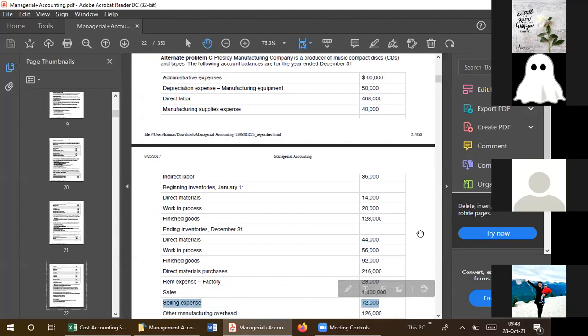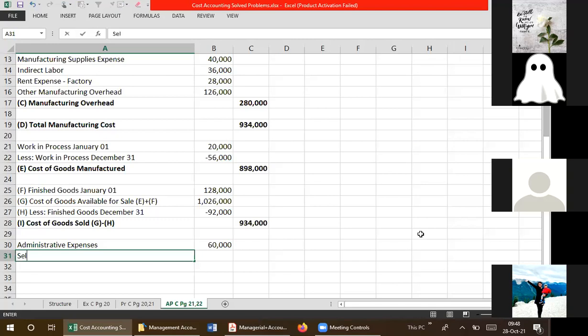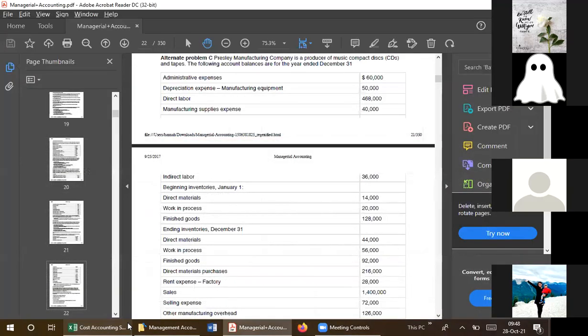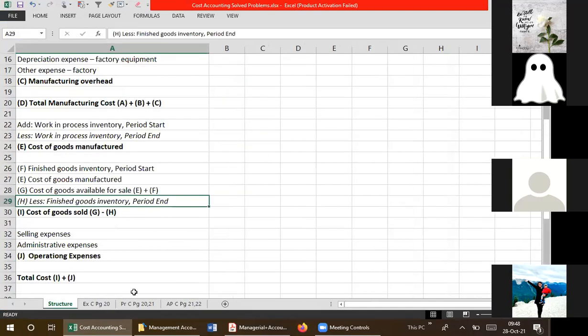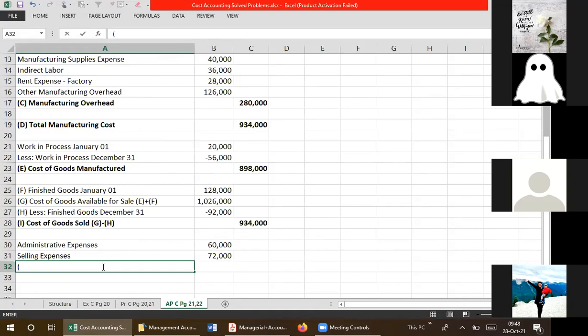And we have selling expenses, 72,000. Gives us operating expense point J, $132,000.